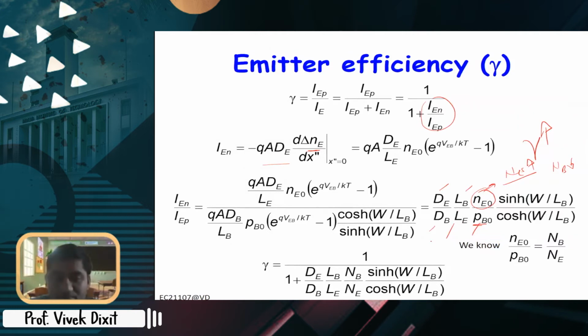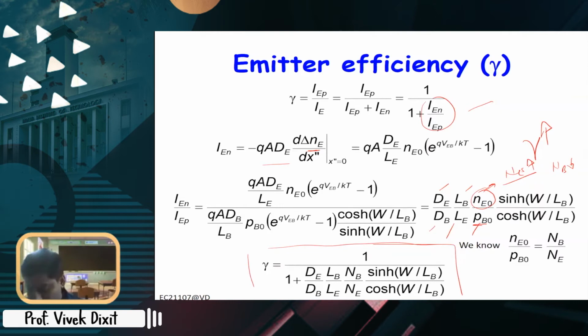So this will also add up. So if you substitute IEN by IEP in the original equation, you get the expression for emitter injection efficiency. So this equation gives you design criteria for maximizing emitter injection efficiency.